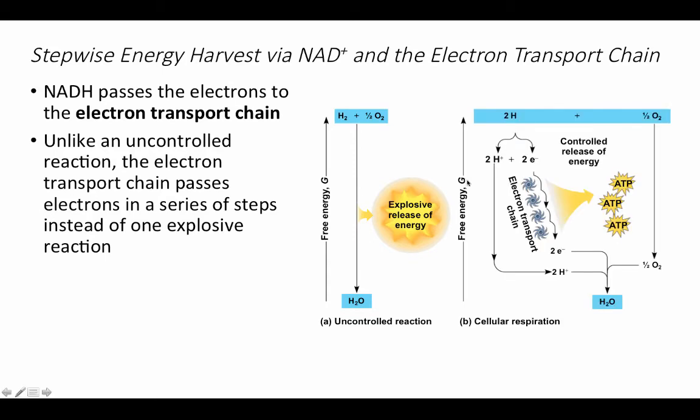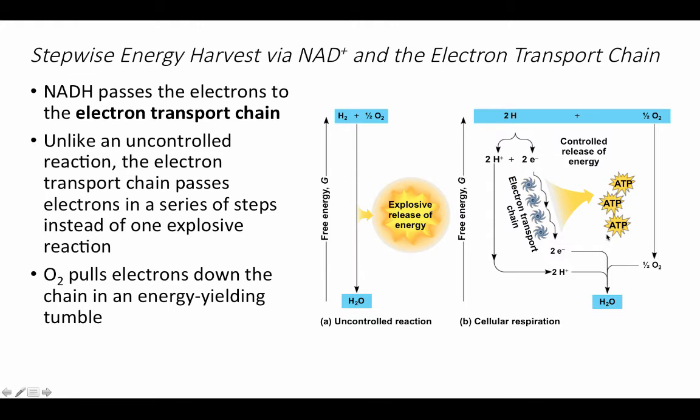In each of these smaller steps, we can actually grab that energy that's released and use it to create molecules of ATP. So ultimately, the electron acceptor is going to be molecular oxygen, and oxygen being the most electronegative of all of these molecules in the electron transport chain is going to be grabbing these electrons, causing this element to be oxidized.